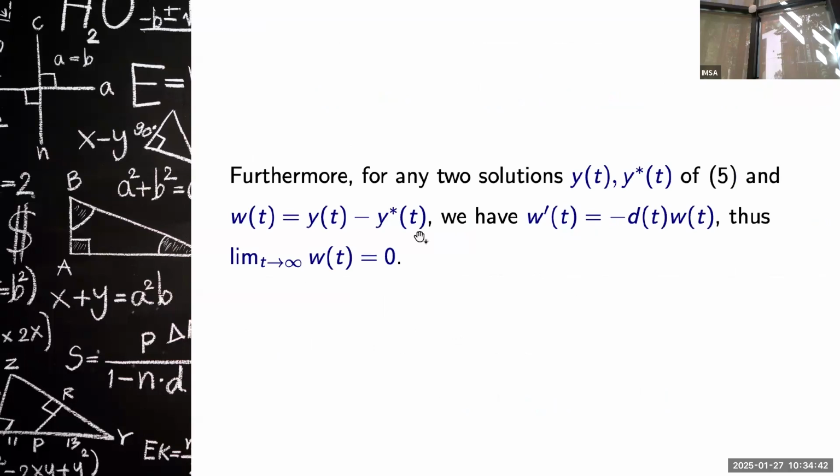Here it also shows that if we have two different solutions, and as we know that it's a solution of our ODE, and you take the difference between them, and you define this y of t as the difference between the two solutions, if you use the definition, you will see that the derivative of w will be exactly equal to that. That is no bigger than, very easy, and then we know how to calculate it. And it's easy to calculate the limits when t goes to infinity and when it goes to zero.